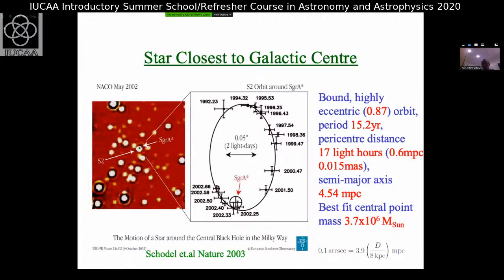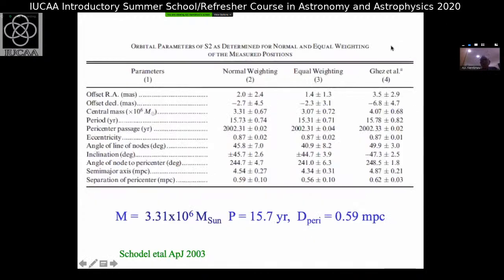You have to squeeze the object in a very small radius compared to the 17 light hours, because if it were extended, it would affect the shape of the orbit, which could have been measured. It was not measured. So you know it's a compact object, and a number of arguments can be given to say that it is a supermassive black hole.